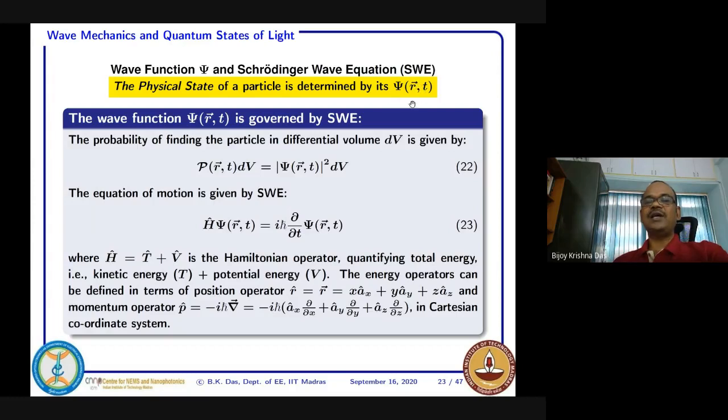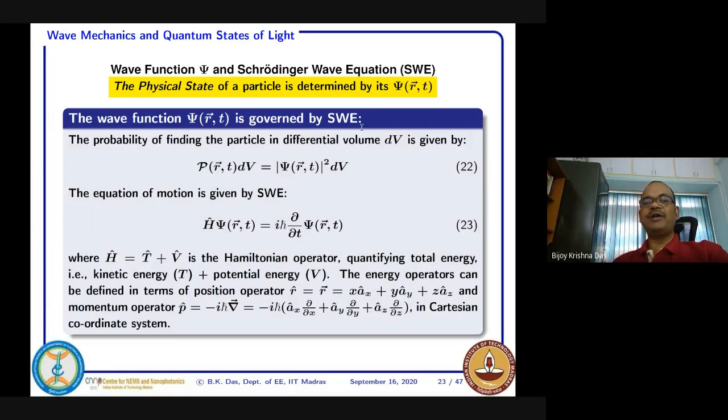Knowledge of psi, if you have, then you can use the Schrodinger wave equation for its entire dynamics. Okay, so I write that the wave function psi(r,t) is governed by the Schrodinger wave equation.